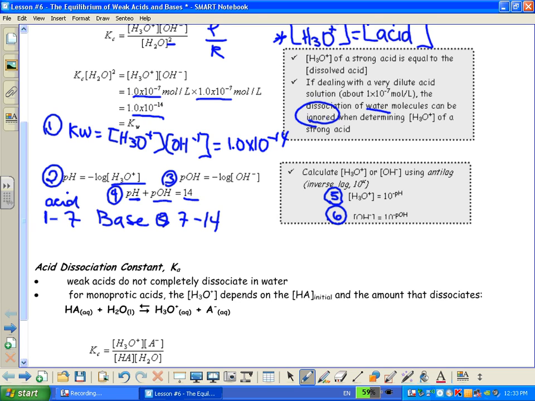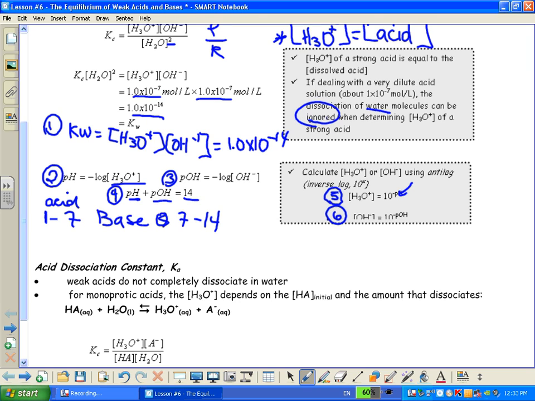We're going to use the anti-log, so the inverse log, which would be 10 to the x. You should have that on your calculator. If not, make sure that you ask me in class tomorrow on how to type it into your calculator. But if you're given the pH, you're just going to substitute that value in. So say it was 2.75. You're going to put 10 to the anti-log of negative 2.75. That will come out with a concentration, and that would be your concentration of hydronium ions.